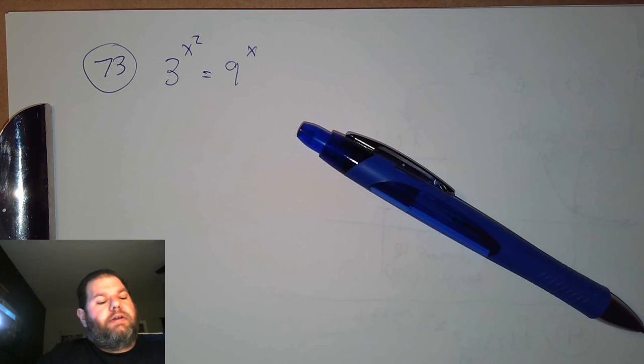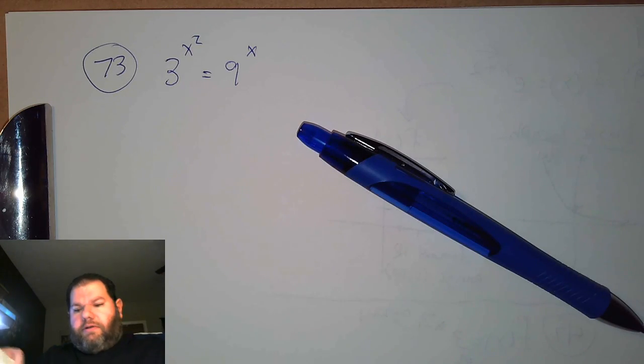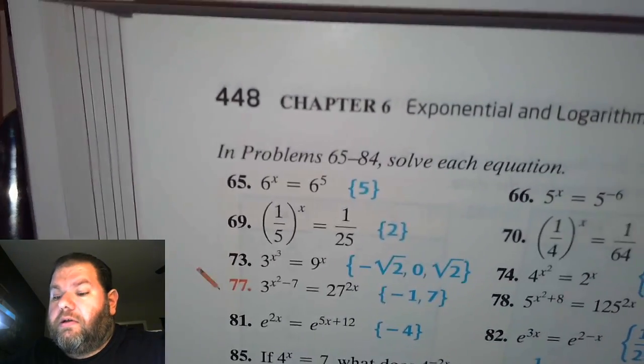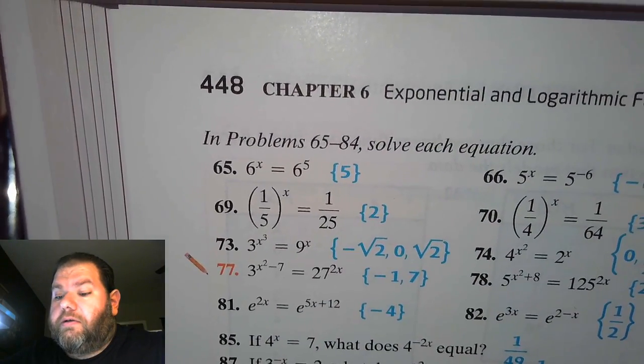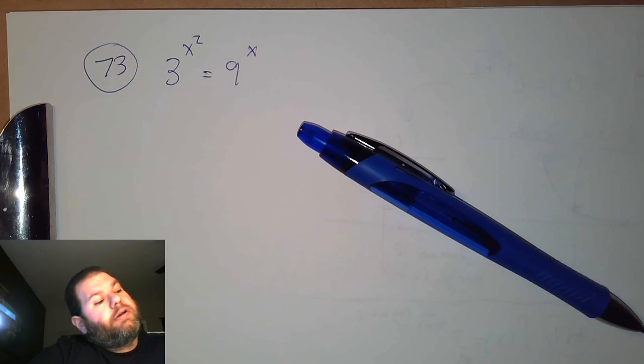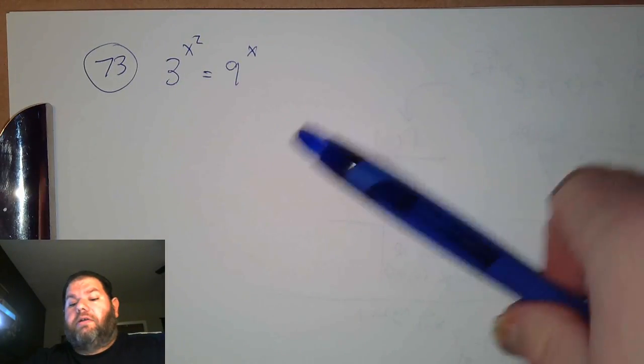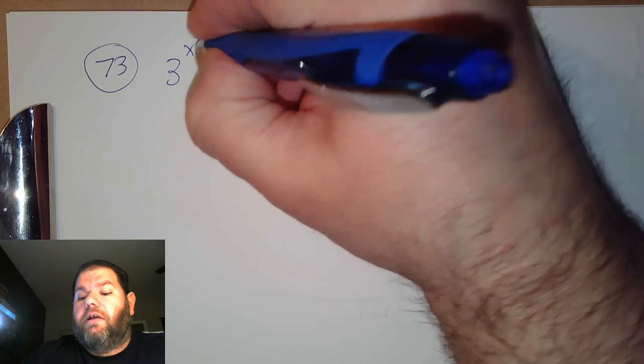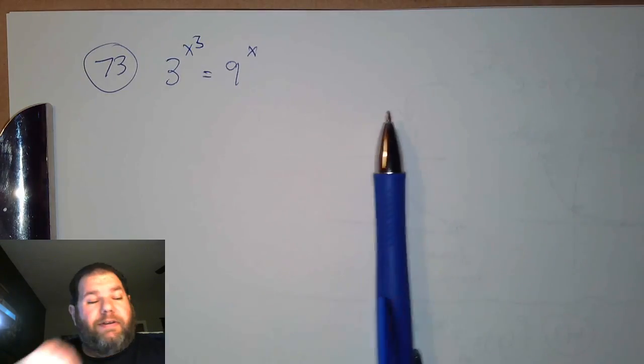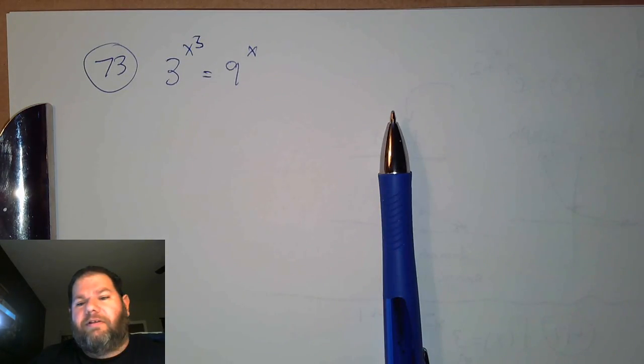What's going on there? Cube. There we go. It's an exponent in an exponent. It's a little bit hard to see just randomly looking at the page. All right.